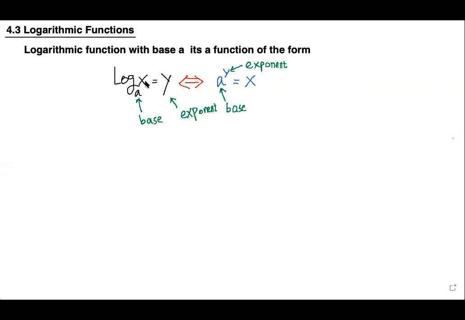So logarithm x to the base A equals y is the same as A to the power y equals x. Okay.